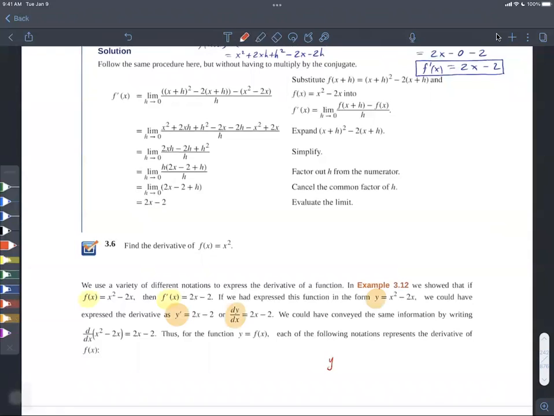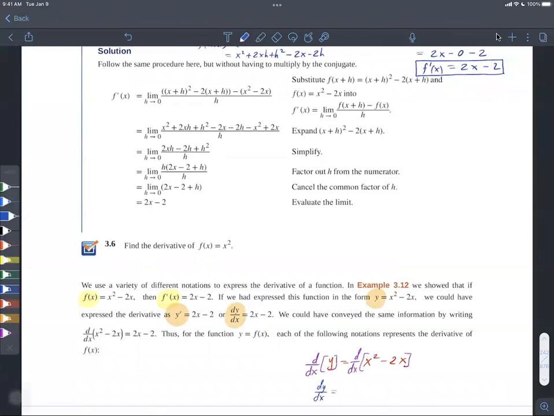So if we have y equals x squared minus 2x, we are taking the derivative, and the derivative we're taking is with respect to x. So this is our notation for it. And that can be written as just dy dx.